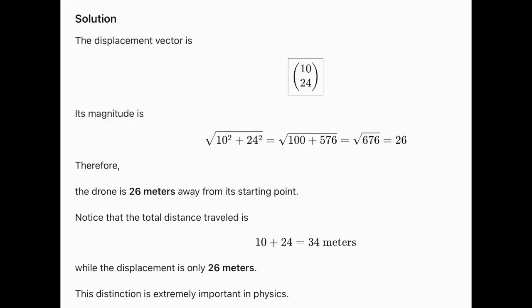It goes: the square root of 100 plus 576, equal to the square root of 676, equal to 26. Therefore, the drone is 26 meters away from the starting point. Notice that the total distance traveled is 10 plus 24 equals 34 meters, while the displacement is only 26 meters. The distinction is extremely important in physics.